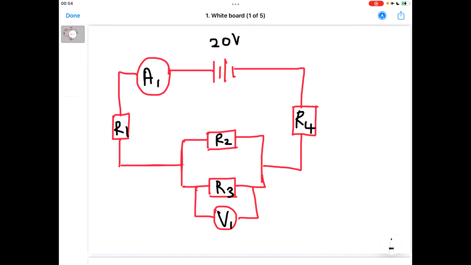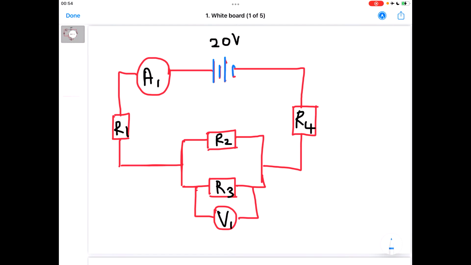So I want to make you aware of something. In which direction does the current flow? Can you see this long line? A long line followed by a short line is one cell. A long line followed by a short line is another cell. So that means you've got two cells.